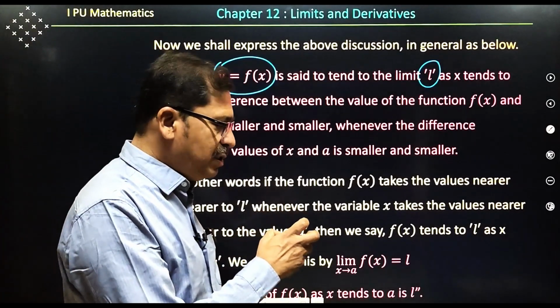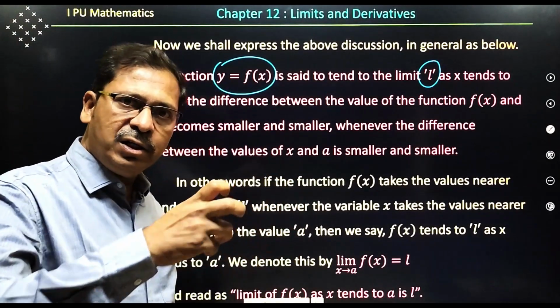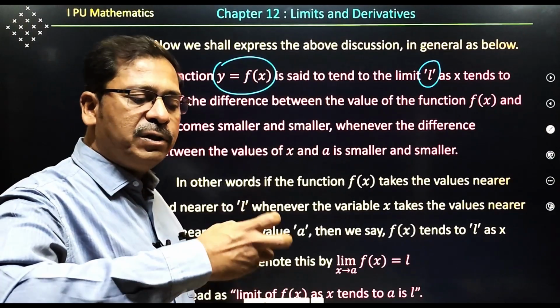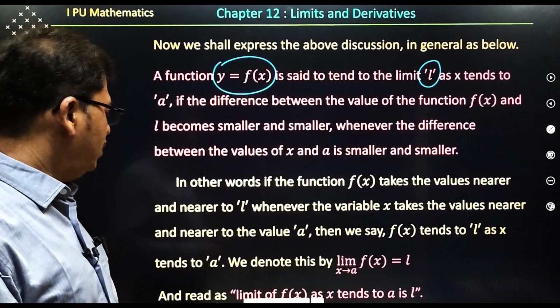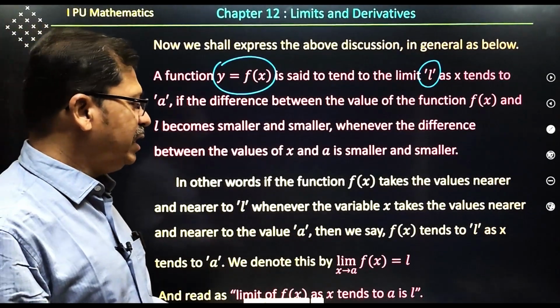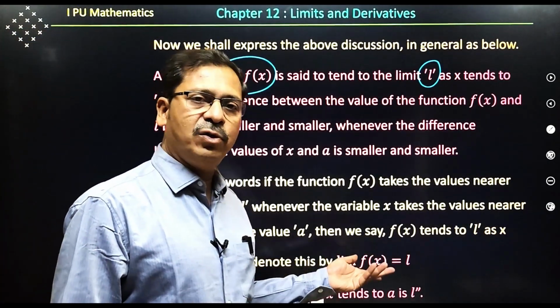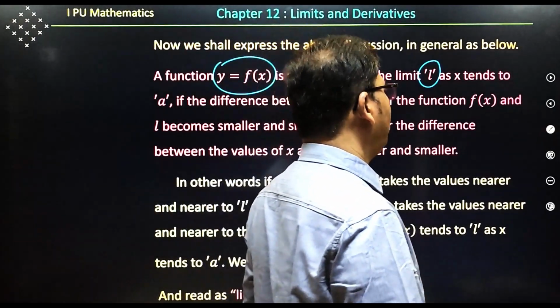The difference between f(x) and L is becoming smaller and smaller as the difference between x and a is becoming smaller and smaller. We read it as limit x tends to a f(x) is equal to L. So this is the formal definition.